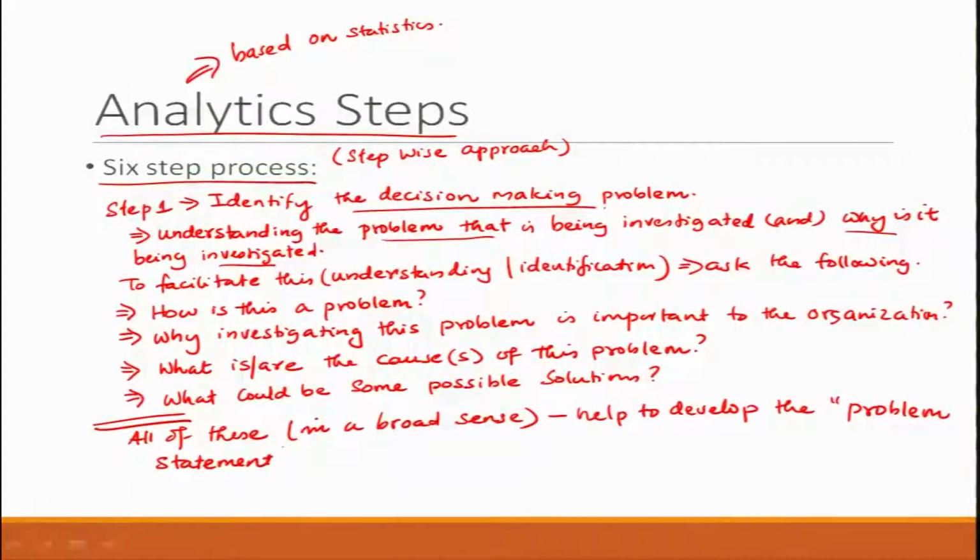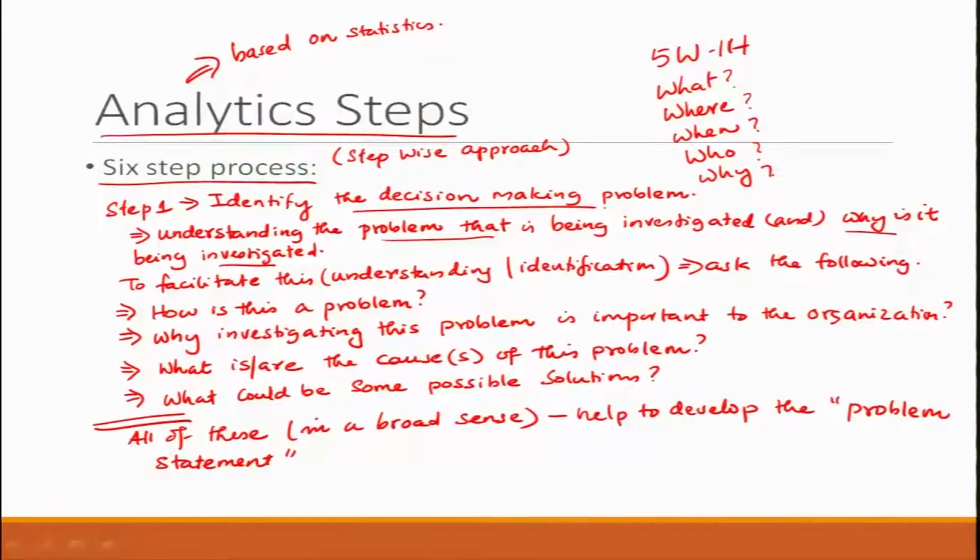So the Japanese philosophy in this case is they talk about 5W 1H. That is one approach the Japanese take: what, where, when, who, why. These are the 5 W's.